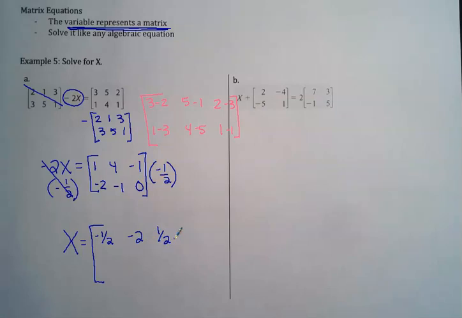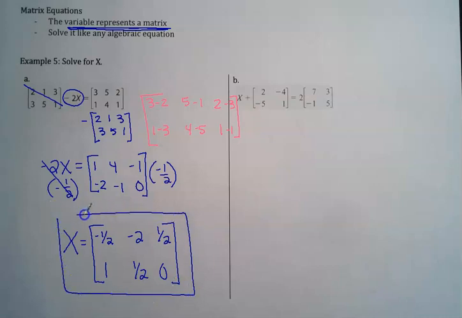Okay, we're going to keep going. Negative 2 times negative 1/2 is going to be a positive 1. Negative 1/2 times negative 1 is a positive 1/2. Negative 1/2 times 0 is 0. And we close our matrix.